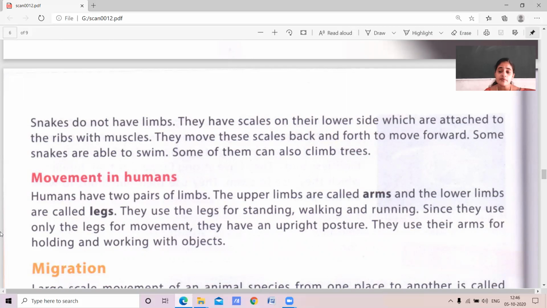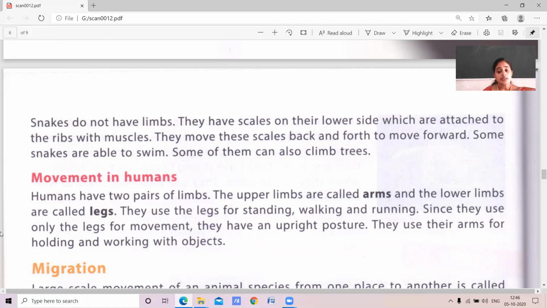Yes, we use our legs for moving. They have an upright posture. They use their arms for what purpose? For holding things, for working. We will use our arms, children.